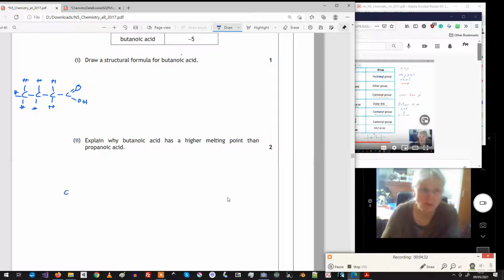So let's say we have this little molecule here. And over here we have another one. So let's do it the same direction. Oh, put all these hydrogens around.